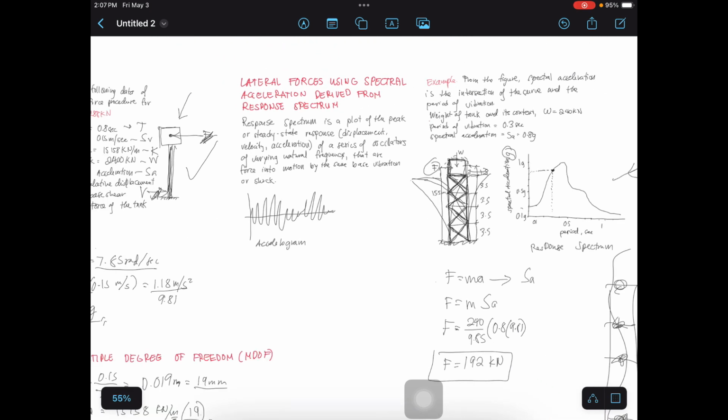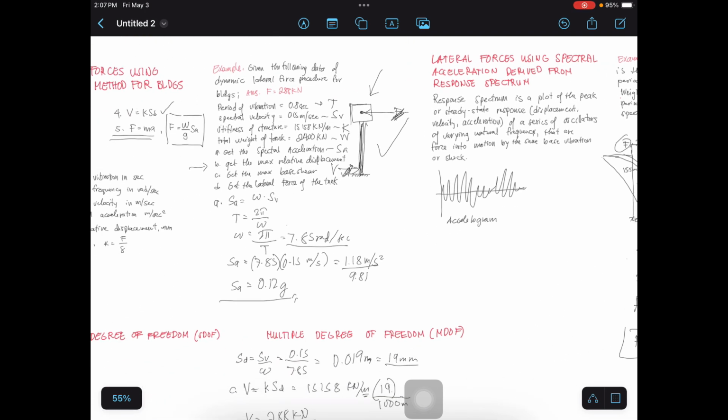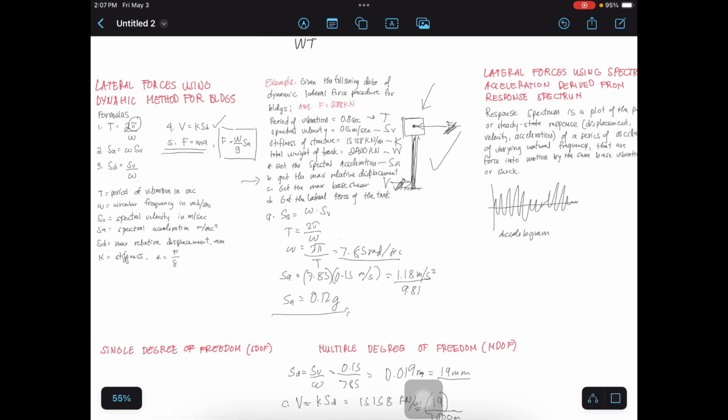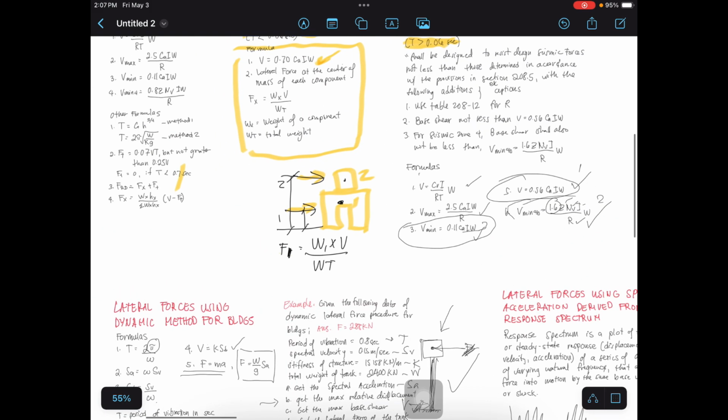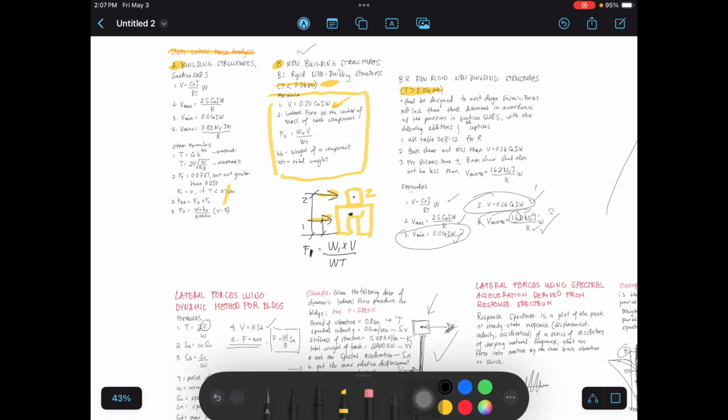So, ano pa ba? Ayun. So, but for this undergrad subject, magpo-focus muna tayo sa single degree of freedom. So, itong dalawang topic na to will be our last topic for our finals. So, ang final exam nyo, ang coverage is from non-building.